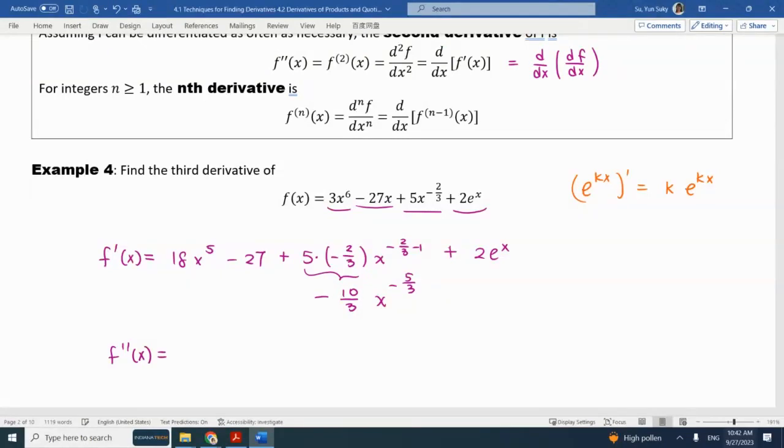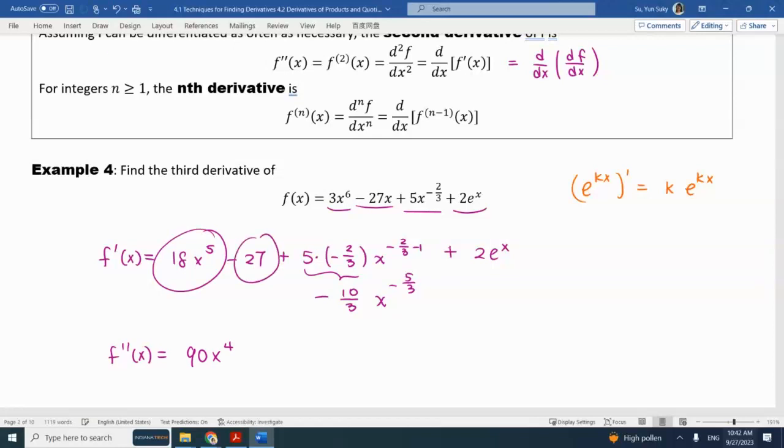The second derivative. Joseph, what's the derivative of 18x to the 5th? 18 times 5. What's 18 times 5? 90. x to the 4.